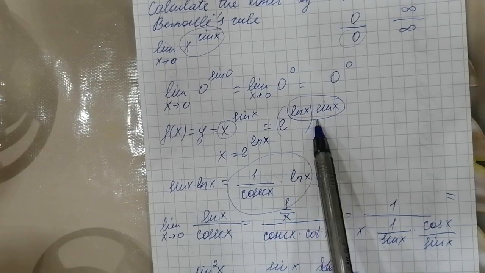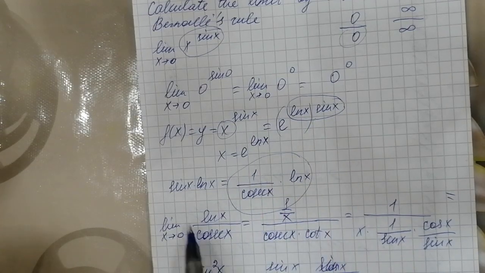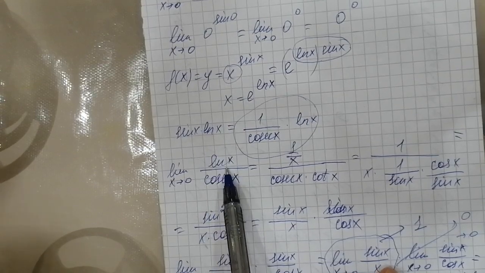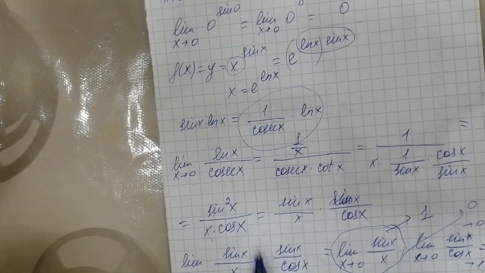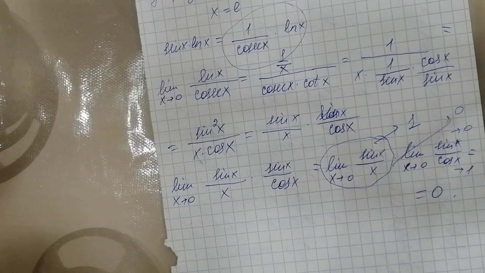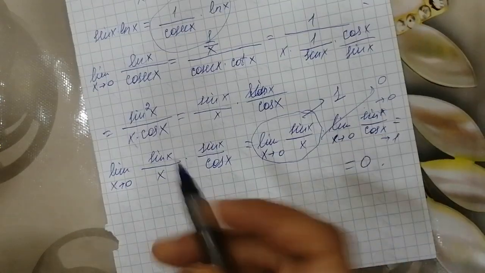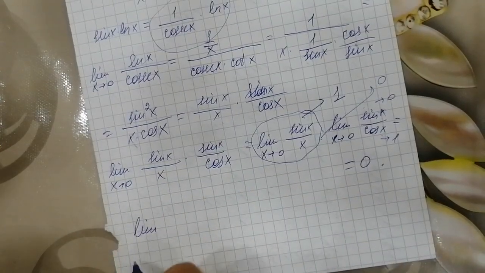Then we get the limit when x tends to 0 of ln x times sine x, or ln x over cosecant x, is equal to 0 after calculating it. Then let's look at the total function.